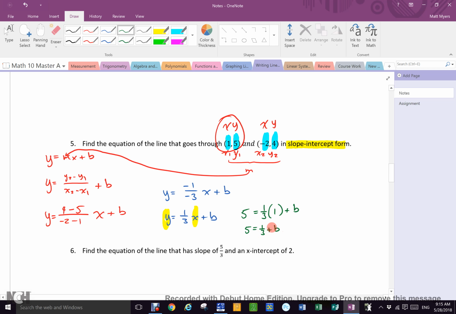How do I get b by itself? I minus 1/3. What is 5? Take away 1/3. 4 and 2/3. If 4 and 2/3 equals b, what can I write right there? 4 and 2/3, or 4 and 14/3, right.